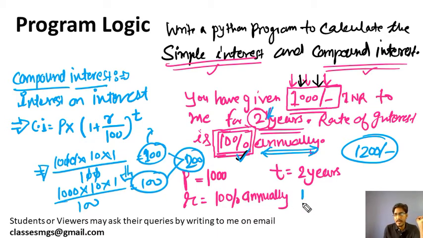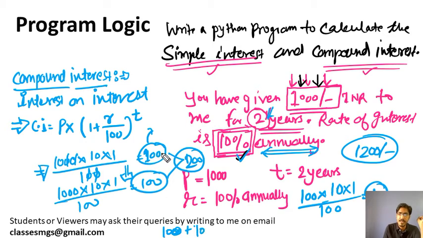So the interest paid on 100 rupees will be 100 into 10 divided by 100, so 10 rupees interest will also be paid. At the end of the 2 years, what do I need to pay? 1000 plus 100 for the first year, then 10 rupees for the interest earned on this 100 interest, then again the 1000 rupees one year interest will be 100.